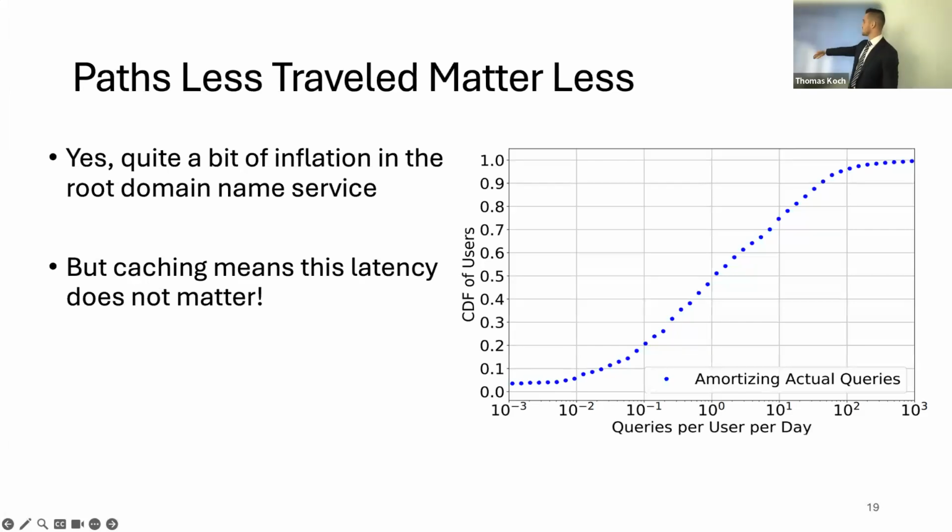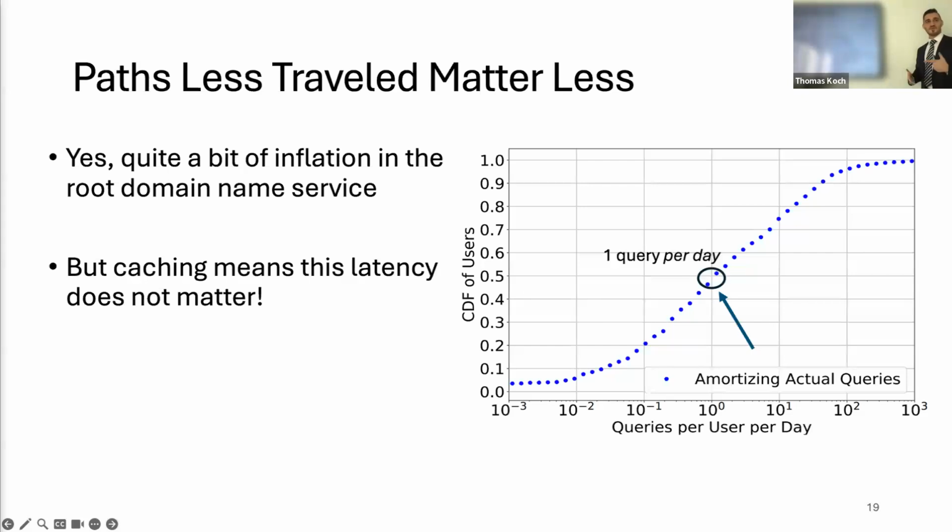And on the y-axis, I'm showing a CDF of users globally. So this point right here in the middle means that half of users send less than one query per day to the root domain name service on average, which is, hopefully we can agree, not very often. So you're experiencing 50 milliseconds of latency inflation, but on average, less than once per day. It's nothing. And this happens because of caching.